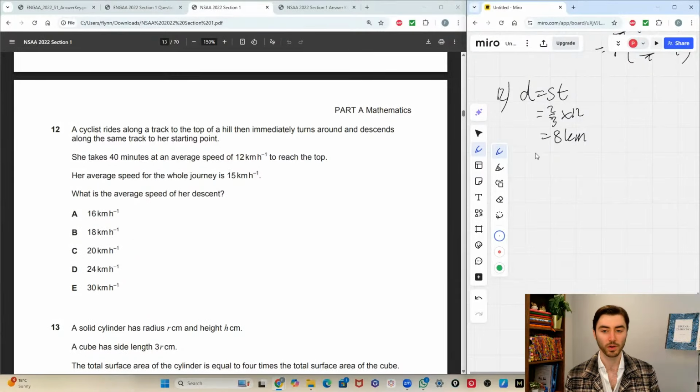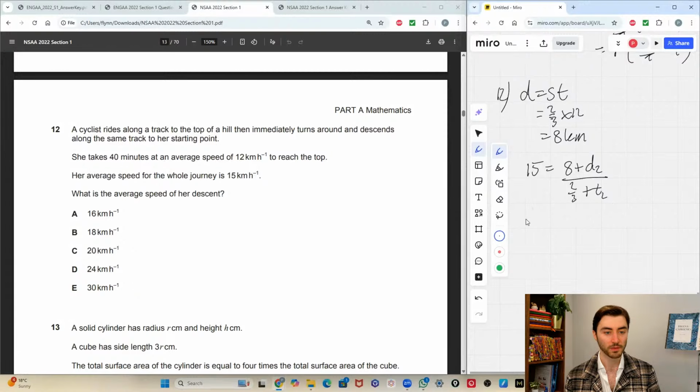Her average speed for the whole journey, which is total distance over total time. So plus the second distance over, and then that time taken is going to be 2/3 of an hour plus how long it takes her to come down.